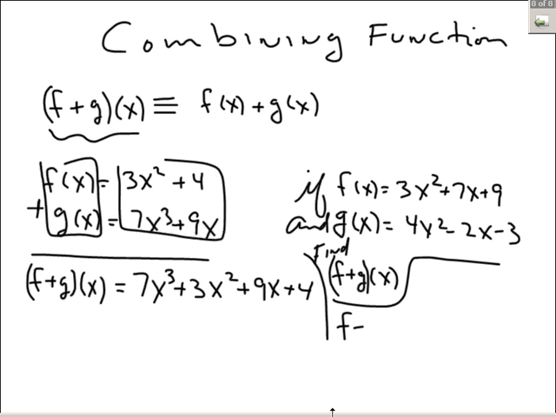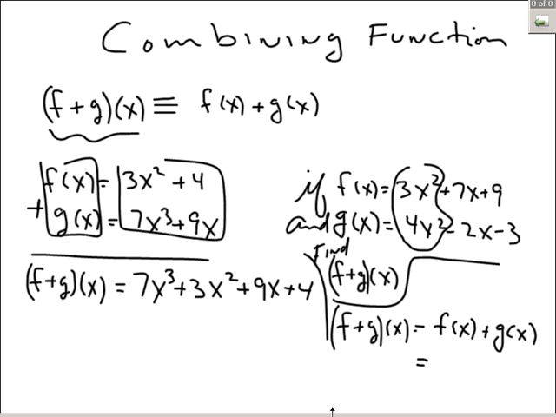Well, f plus g of x, by definition, is f of x plus g of x. So I add them. Those are like terms. I'll get 7x squared. I'll add these. I will get plus 5x. And positive 9 minus 3, I can add those. And I'll get 6. And there's my answer. Just add.